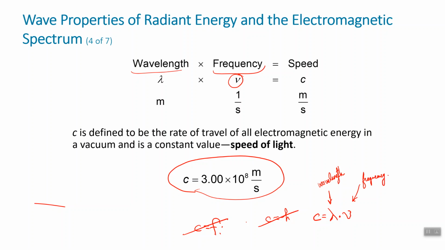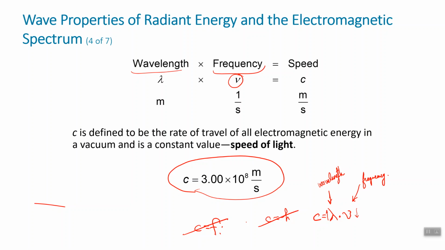And if c stays constant, then when you increase wavelength, you have to decrease frequency, and vice versa. If you increase frequency, then you have to decrease wavelength. So that's what I mean when I say that if it's a high frequency, it's going to be a short wavelength, and if it's a huge wavelength, then it's going to be a small frequency.